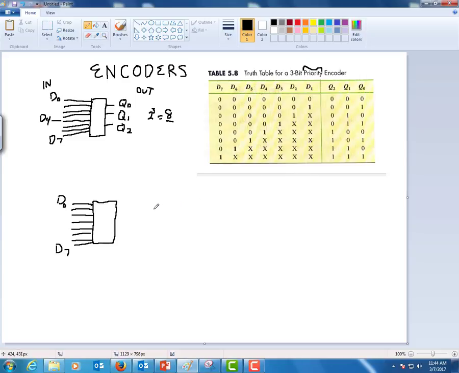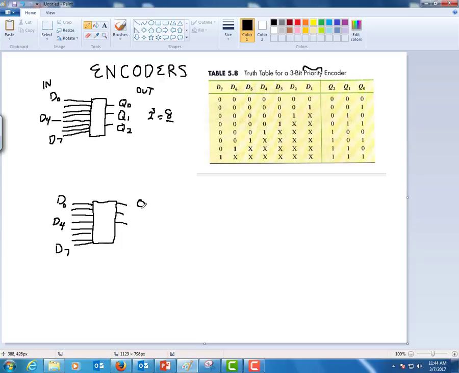So you're going to be given some encoder problems, and this is what I drew here for you. I'll draw the same one again. They could even have 16 lines coming in, but usually 8 is what they do. So you'll have 3 outputs coming over here.